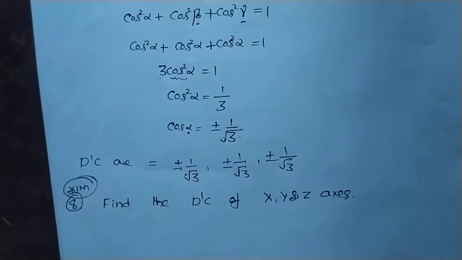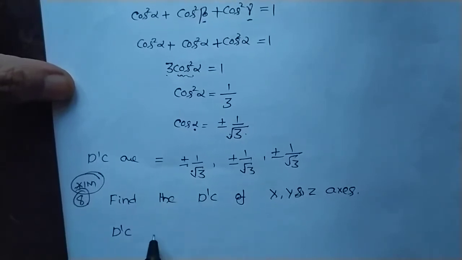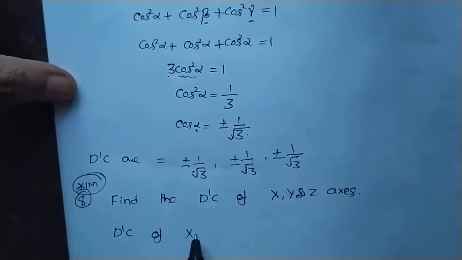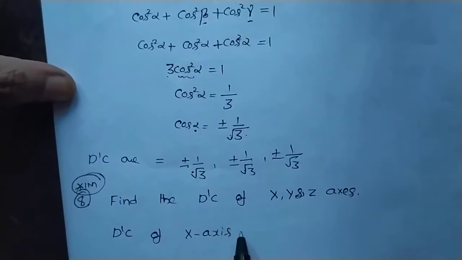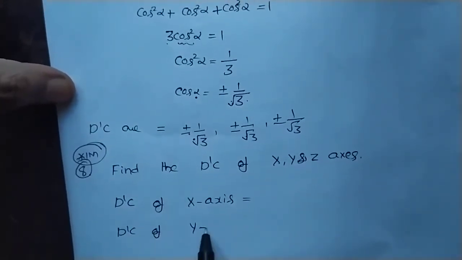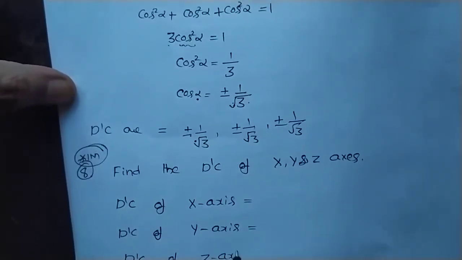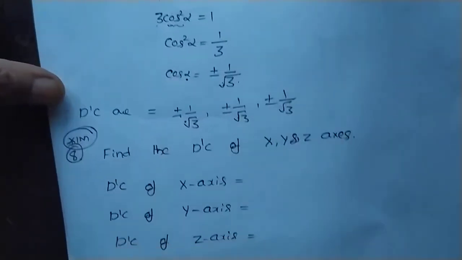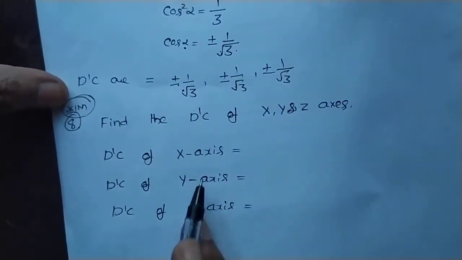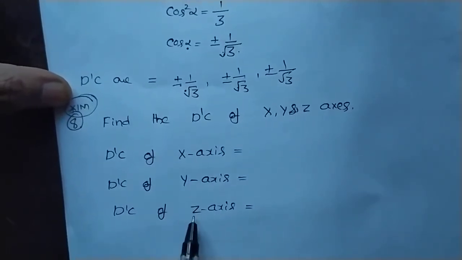How to find them? We need the direction cosines of the x axis, the y axis and the z axis.